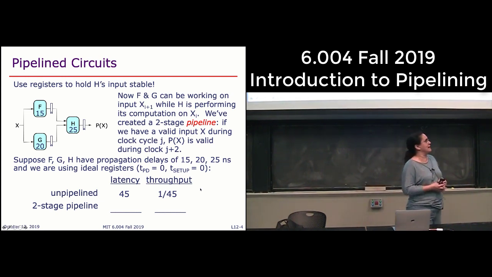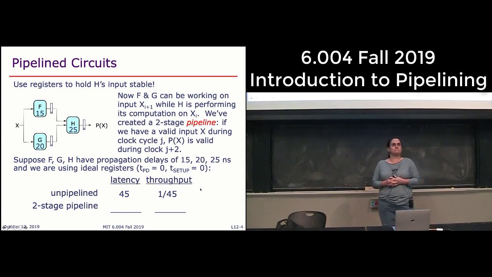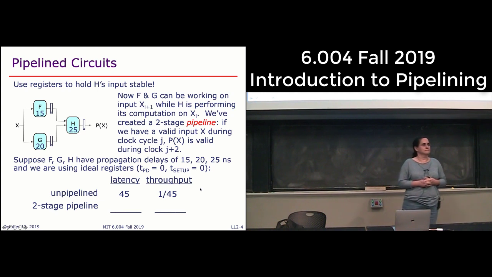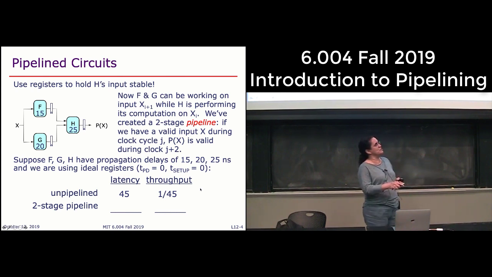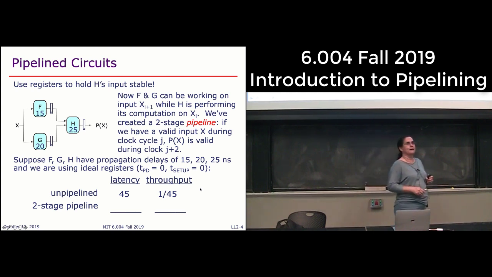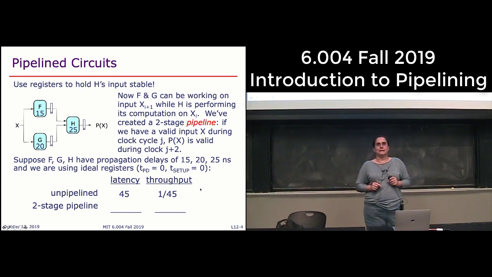So how did I get a latency of 45 for the combinational circuit? Yeah, so it's the longest propagation delay, which is through G and H, okay? So my longest propagation delay is 45, so that defines my latency. And my throughput is 1 over that latency.